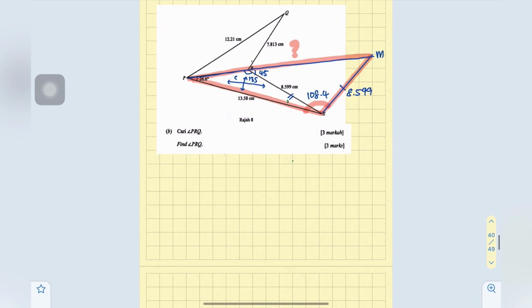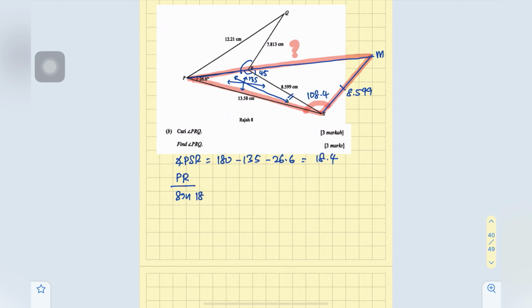Okay, B, find angle PRQ. So we are going to find this angle PRQ. Okay, to find PRQ kita kena fokus dekat segitiga atas. Tapi kalau kita tengok segitiga atas tak ada satu angle pun yang ada. So tapi kita mungkin boleh cari PR. Okay, so to find PR kita boleh cari yang ni lah. Kita kena cari angle PSR first. Okay, so angle PSR equals to 180 minus 135 minus 26.6. Okay, equals to 18.4. Okay, dah dapat. So kita boleh gunalah PR. PR gunakan sine rule over opposite dia sine 18.4.